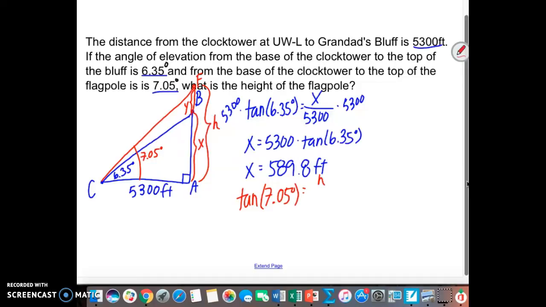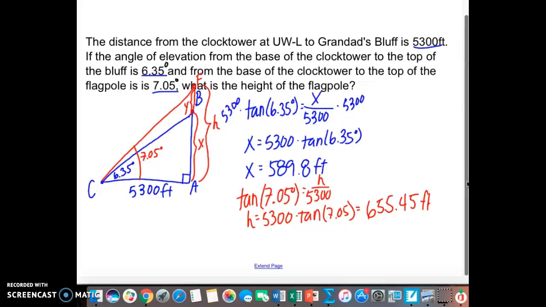The opposite side length is h, divided by 5,300 feet. Again, multiplying by 5,300 on both sides, we are left with h equals 5,300 times tangent of 7.05. And this ends up equaling 655.45 feet.